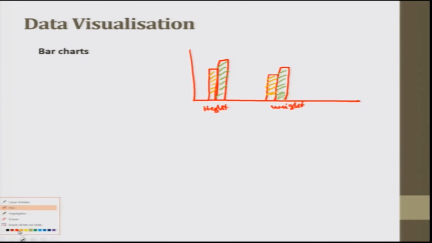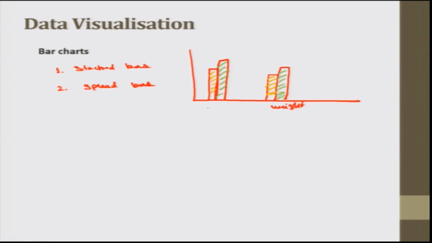We can have two types of bar charts. Those are stacked bars and spread bars. Okay, these are actually stacked bars.